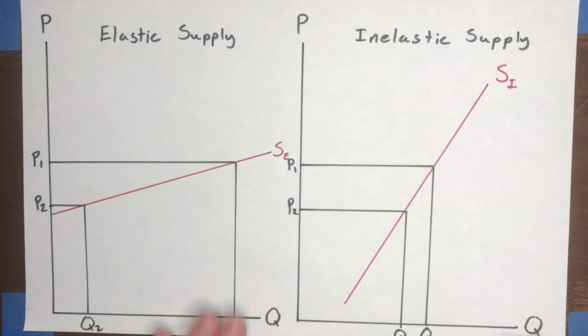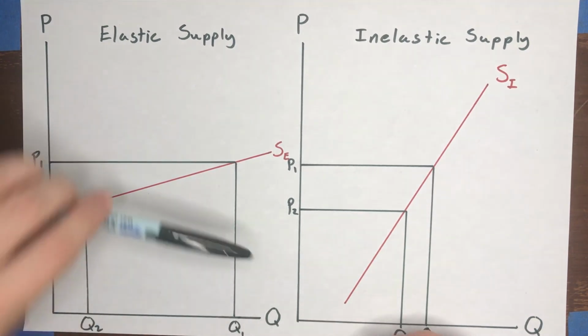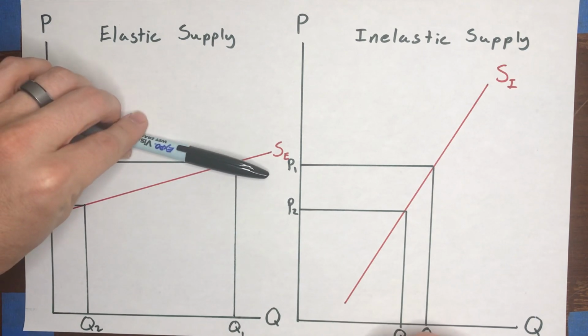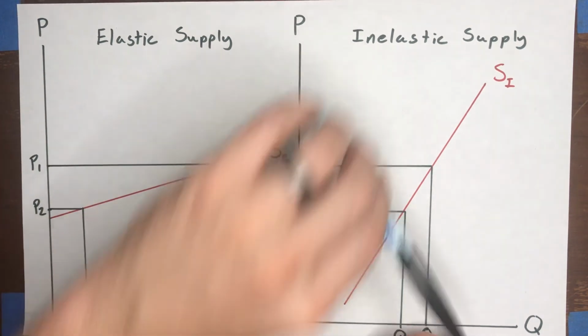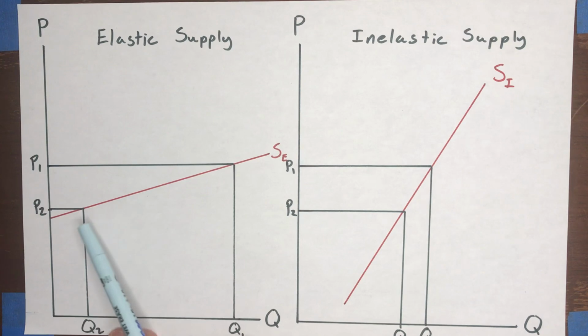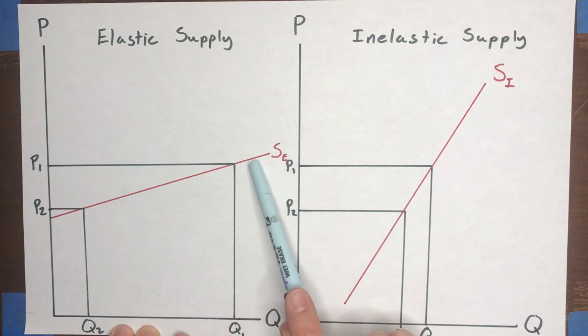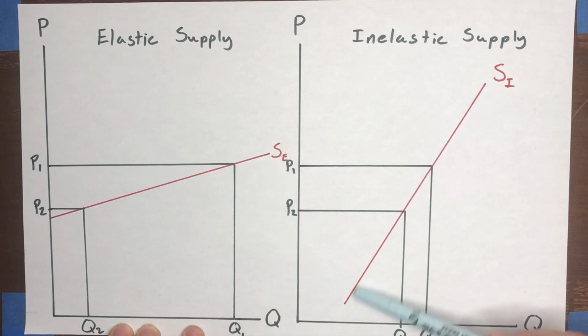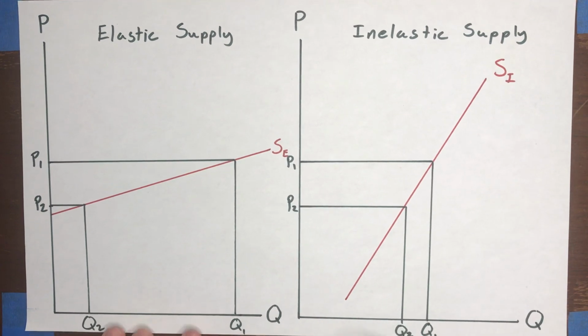All right. And just like with the demand curve, the flatter curve was elastic and the steeper curve was inelastic. With supply, it's the same thing. The flatter curve is elastic supply. The steeper curve is a more inelastic supply curve.